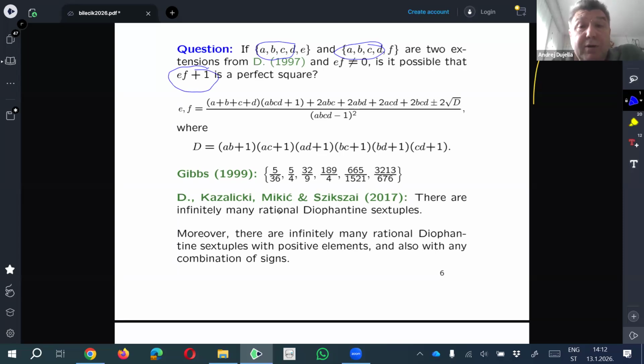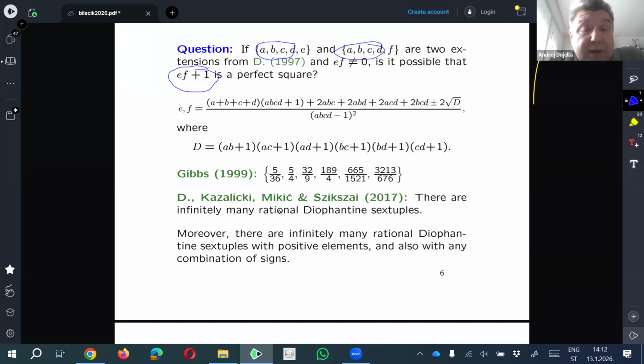So is it possible or not? It is not clear at first sight, because these expressions are quite complicated and it is not clear what to expect.